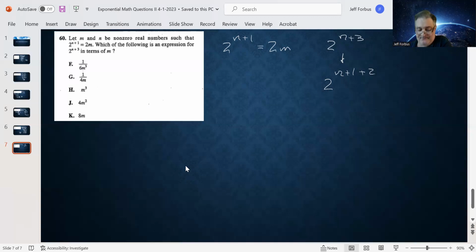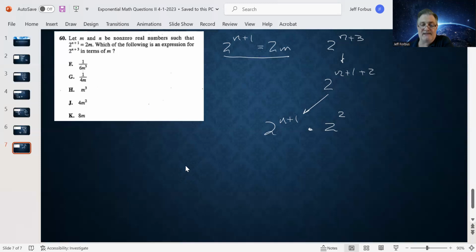Now, this can be written as 2 to the n plus 1 times 2 squared. Now notice, 2 to the n plus 1 is equal to 2m.